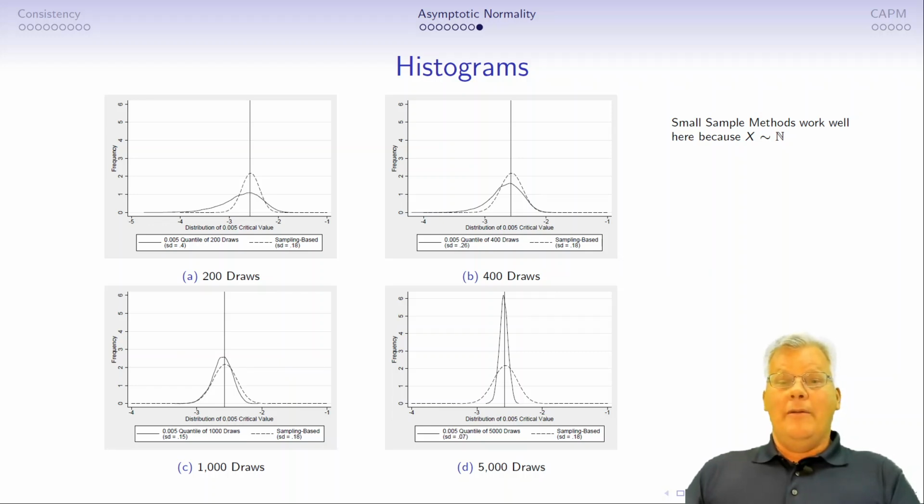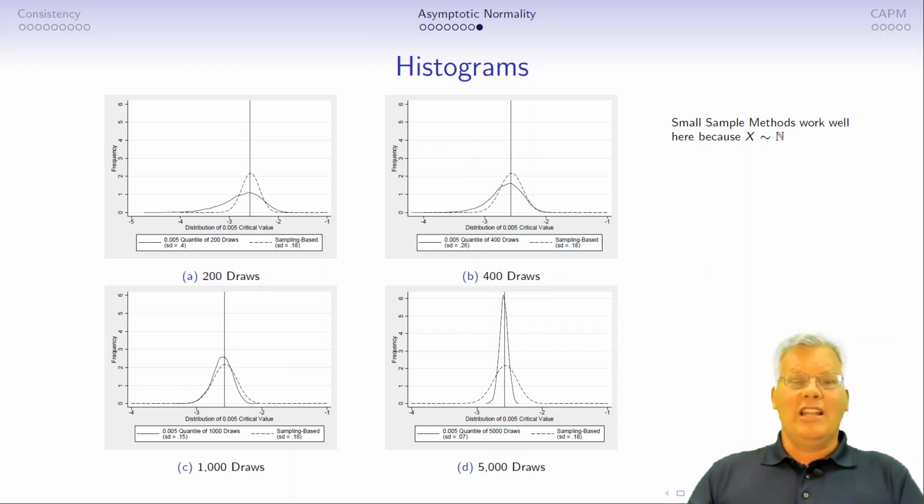Now, my little comment in the far right, the small sample methods here, and those are illustrated by the dashed line, right? That shows the mean and the variance of standard small sample techniques. And the vertical line represents the theoretical truth. That's minus 2.5758. Right?